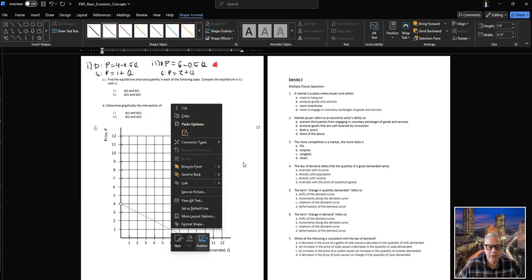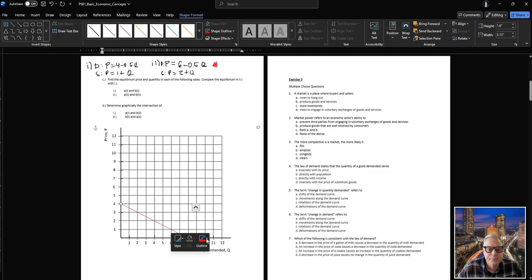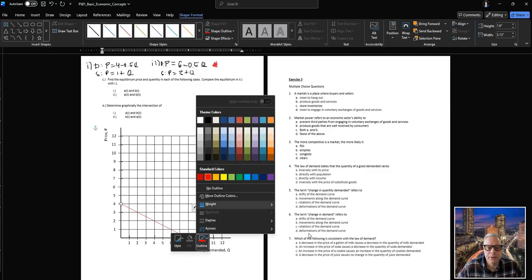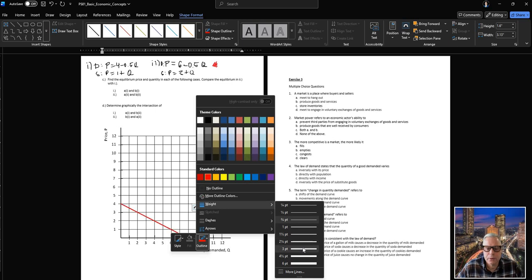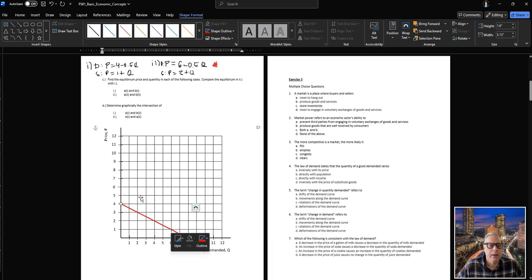So now let's make that here red. We see an increase of demand. And let's make it a little bit bigger. Overlay again a demand function here, and start with this function. The supply function is 1 plus Q. So it looks with a slope like this.